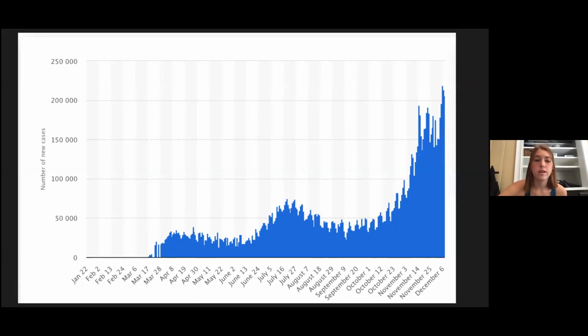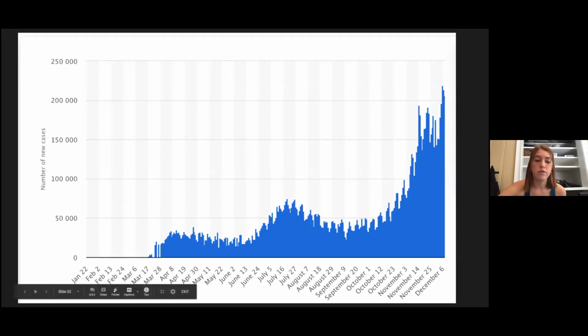So here is a graph of the course of the pandemic from the beginning to now. You can see the different surges and then when it dies down a little bit. And obviously you can see right now that there are more cases than ever, and there's a huge spike. A lot of this has been attributed to the holiday season and people gathering in large groups with family members and traveling.